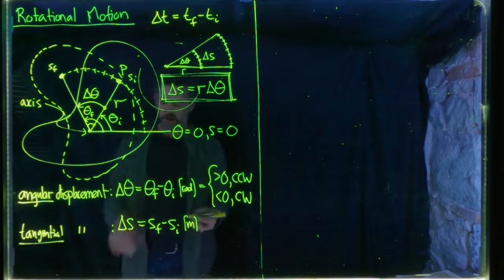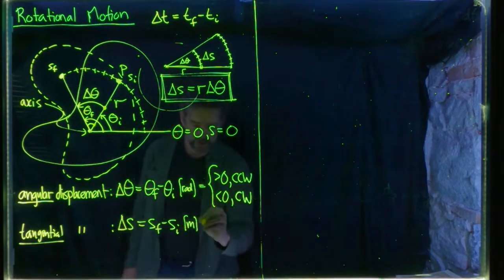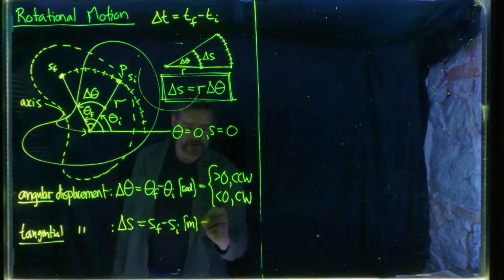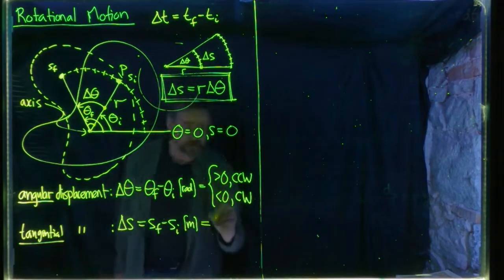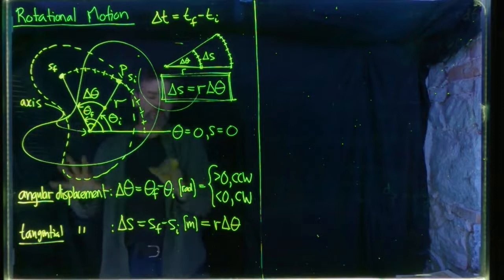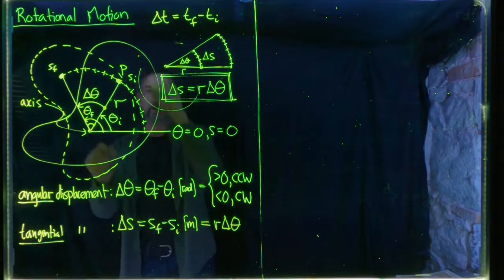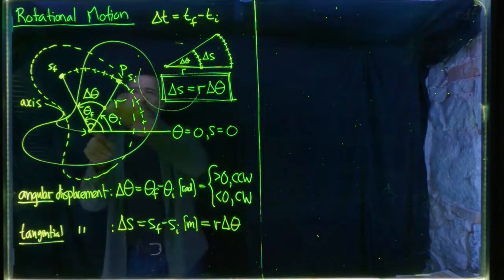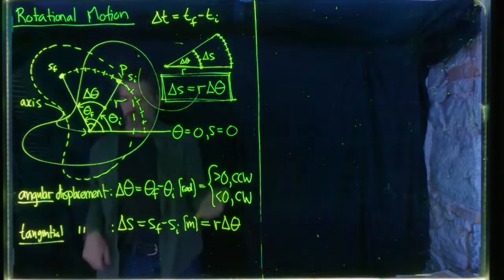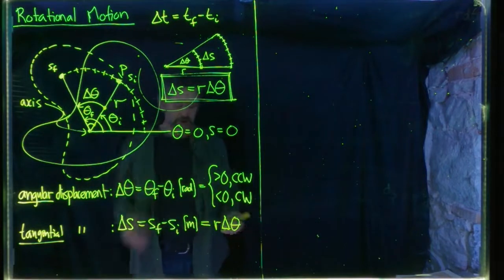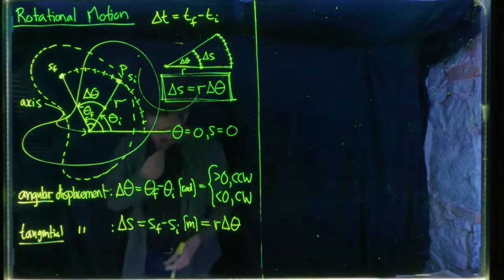So the tangential displacement delta S is equal to R times delta theta. Delta theta is the same for all points on a rigid body, but delta S depends upon how far your radial distance is from the axis of rotation. The bigger R is, the bigger your tangential displacement. Okay? So that's really important to understand.